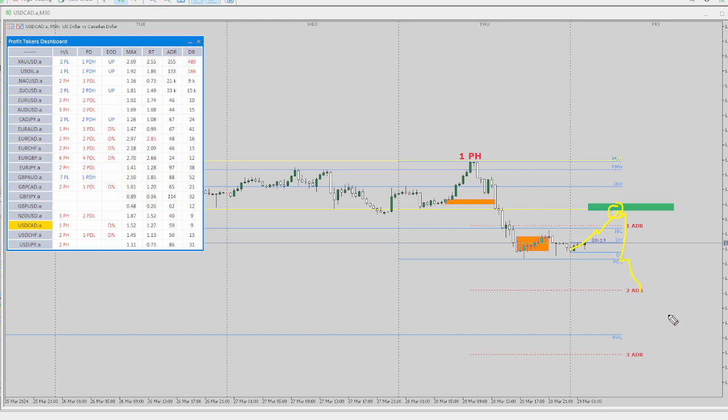Okay. But if this thing totally disrespects this day 2 trend trade, right, then it will come up to this area and then go that way. All right. So right now I don't have enough information, but I'm definitely looking for us to break this low tomorrow.